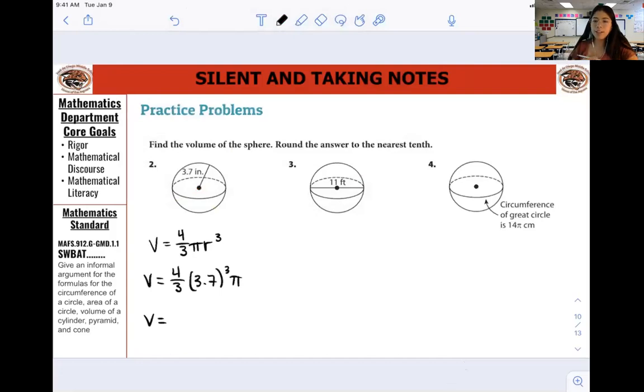Both of Janelle's and Perla round to the nearest 10th, not the nearest 100th. Good, 67.5 pi inches cubed.